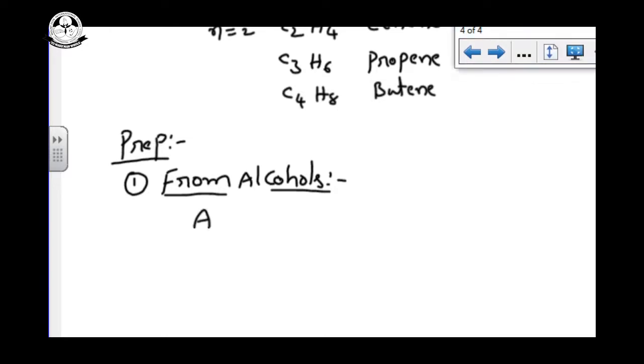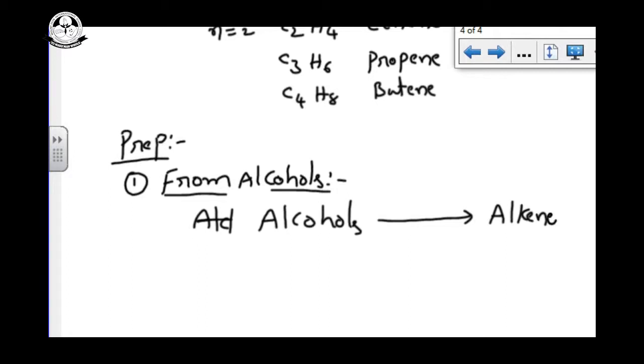Alcohols are converted into alkenes. For example, CH3CH2OH alcohol is converted to the alkene CH2=CH2.